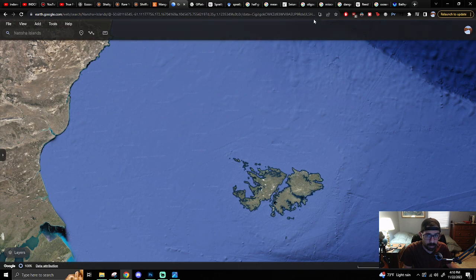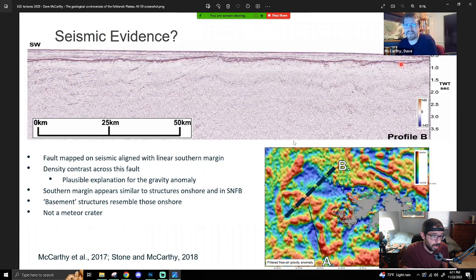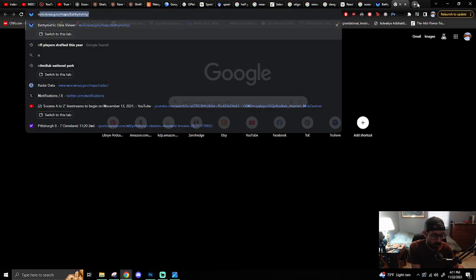It just didn't form such a distinct crater that it visibly looks like one, to a point where there's a debate on whether it is one. So people hypothesize maybe there was an impact there, but maybe there wasn't because it doesn't really look like one. There's also not really any impact lines in the seismic evidence. It's not visible. This image is going across it, so we should see a downward thing that then goes across and goes back up, probably with a peak, like if we look at Nadir Crater.